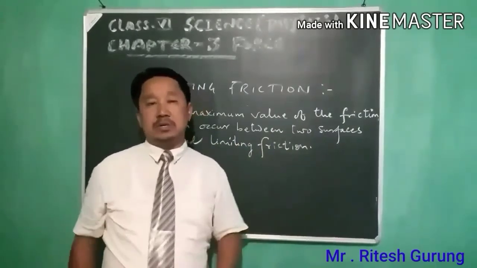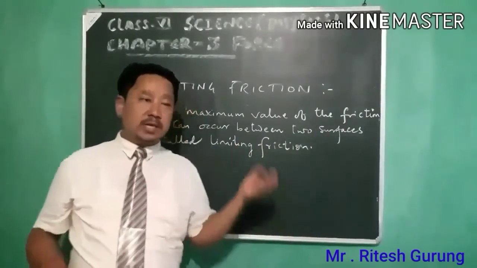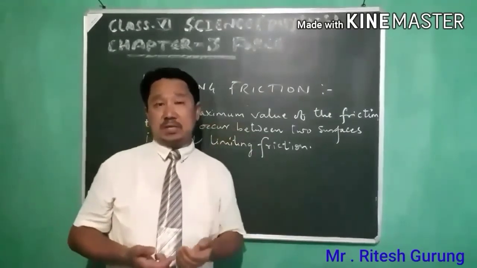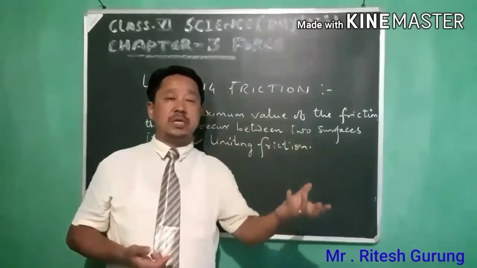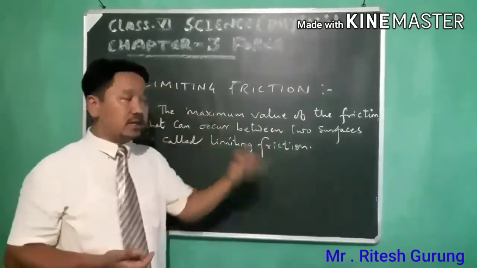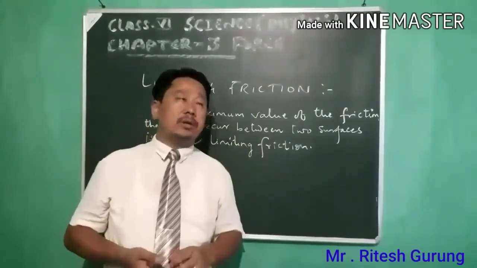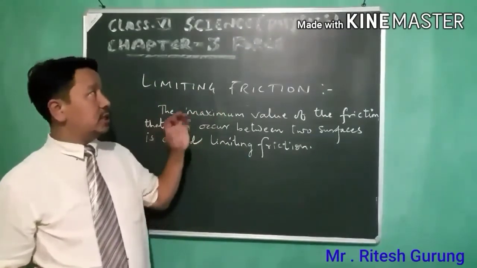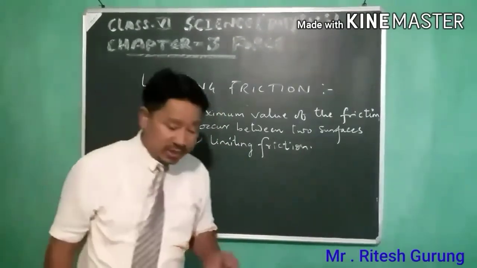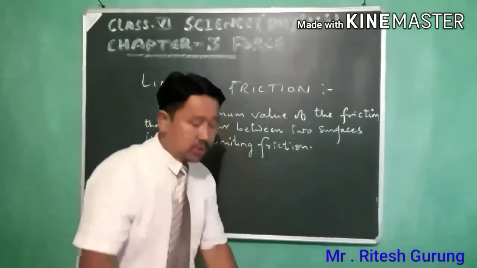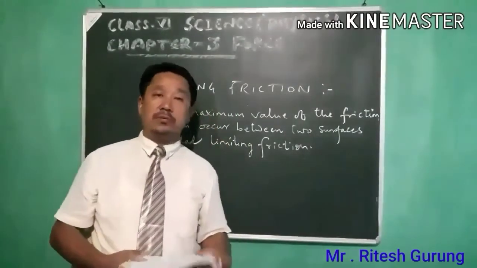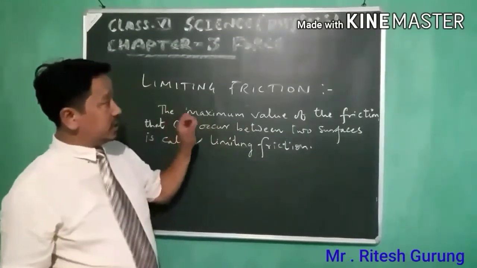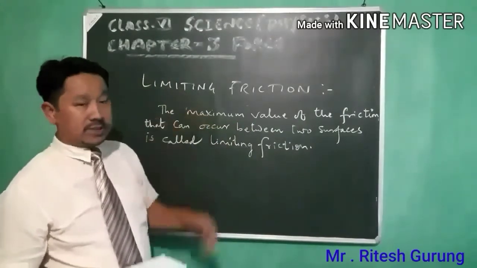Otherwise nothing could be moved. So the limit beyond which the friction cannot go is called limiting friction. So this is all about chapter number 3. I told you before that we wanted to finish it, and we have finished it. This is the last portion of this chapter.